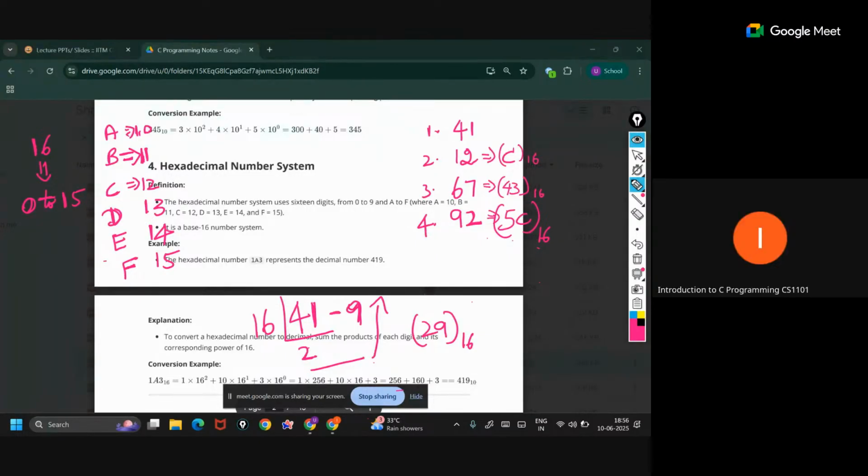Okay. Now my question is, is it possible to convert from hexadecimal to binary? Yes, how to do that? So for octal, how many bits have you used? For octal we have used 3 bits for converting it to binary.